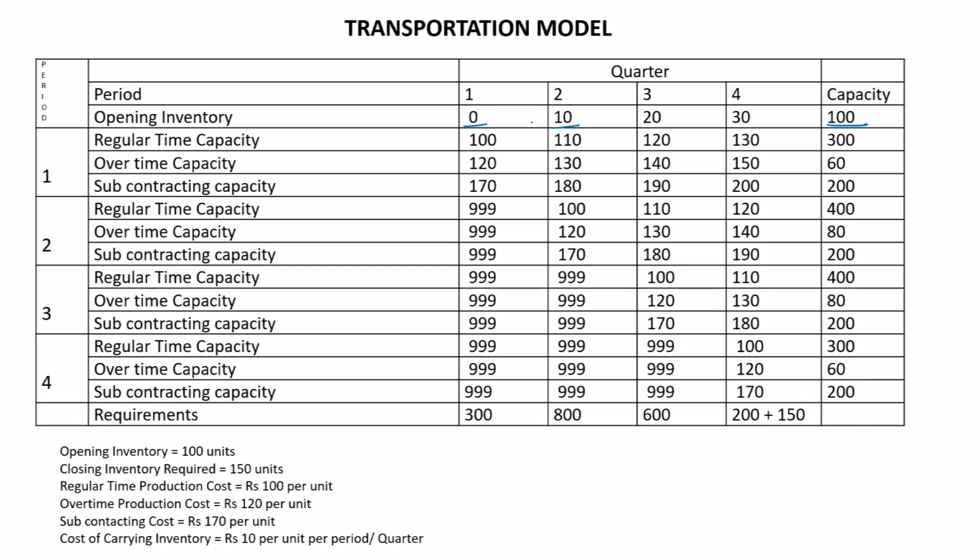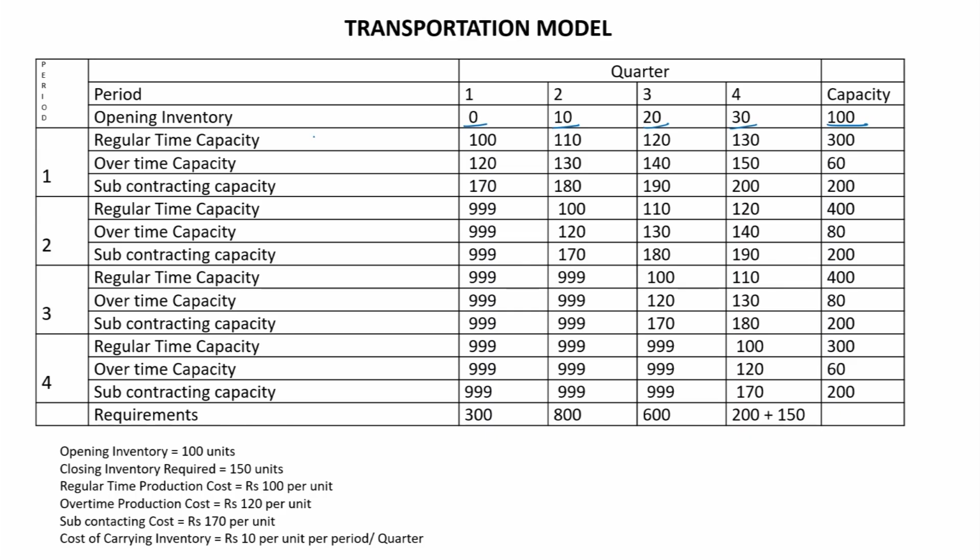In quarter 3 the cost will be 20, and in quarter 4 the cost will be 30 rupees. This difference is because of the cost of keeping inventory, which is rupees 10 per unit per quarter.